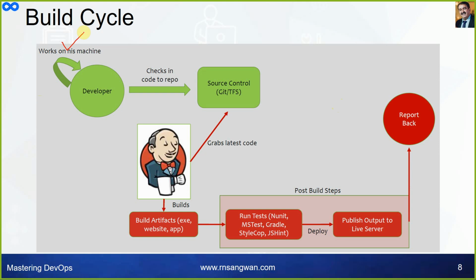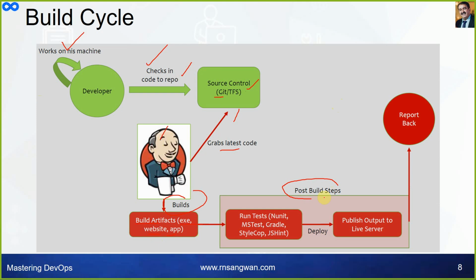Developers work on this machine and check in the code to the repository, that is Git or other source code repositories. Jenkins can grab the latest code from the repository and build it, building an artifact like an exe, website, app, WAR file or jar file.